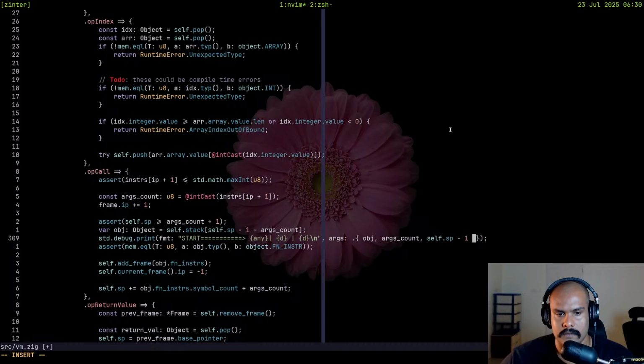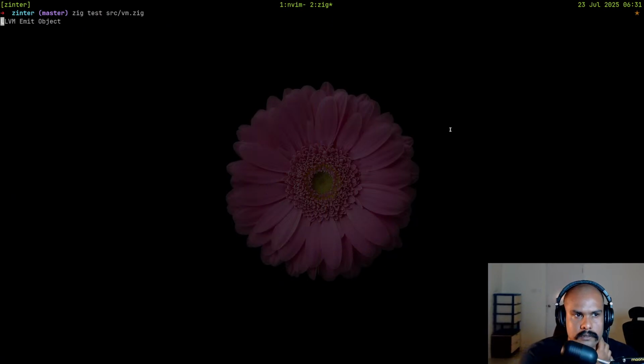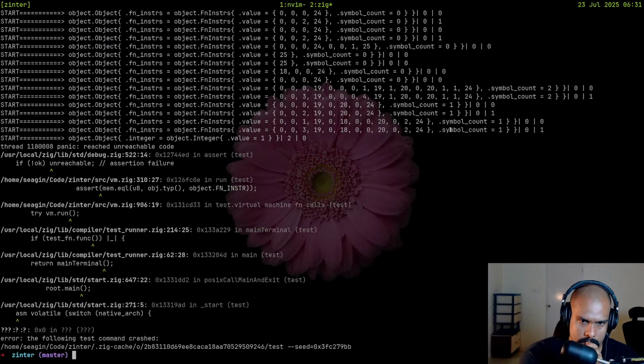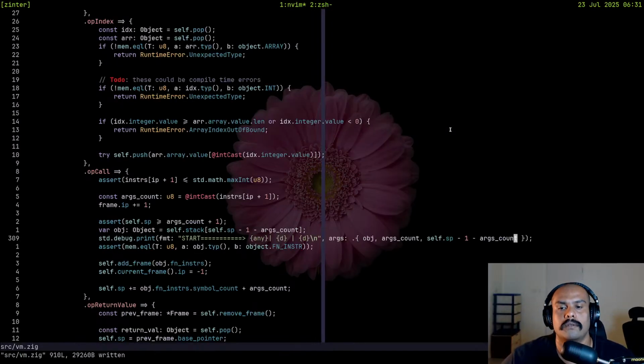SP minus 1 minus opt count should be 0, which is the function. Yeah. No. Actually, that doesn't make sense.